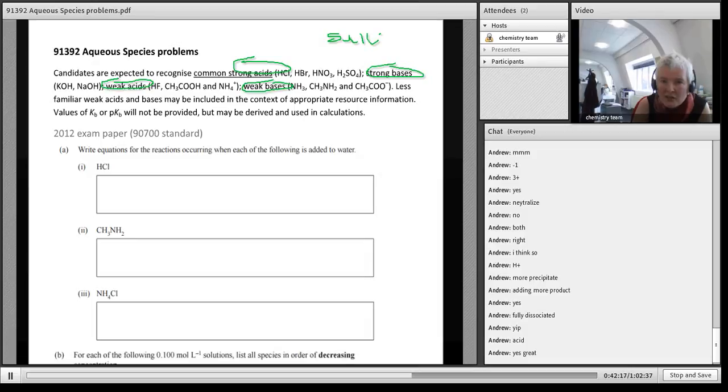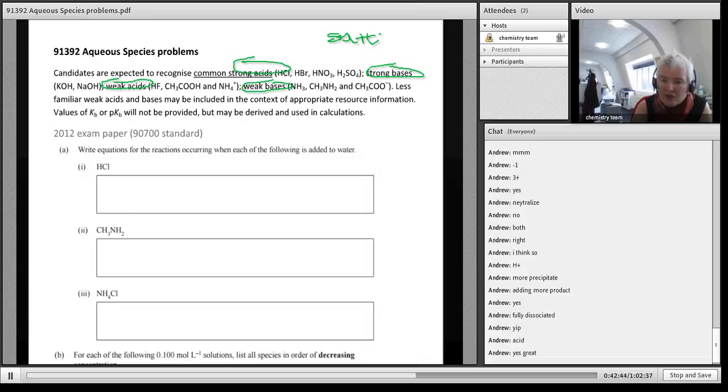I still haven't mastered how to write with these pens, so I hope that's supposed to spell salt. And if it's a salt, you have to say, is it a salt of a strong acid, strong base, strong acid, weak base, and so on. But first of all, strong acid, strong base, weak acid, weak base.